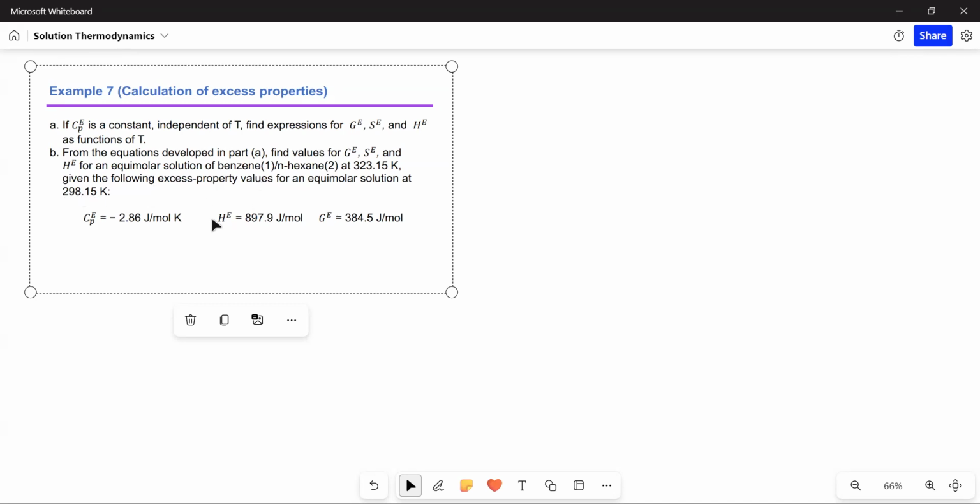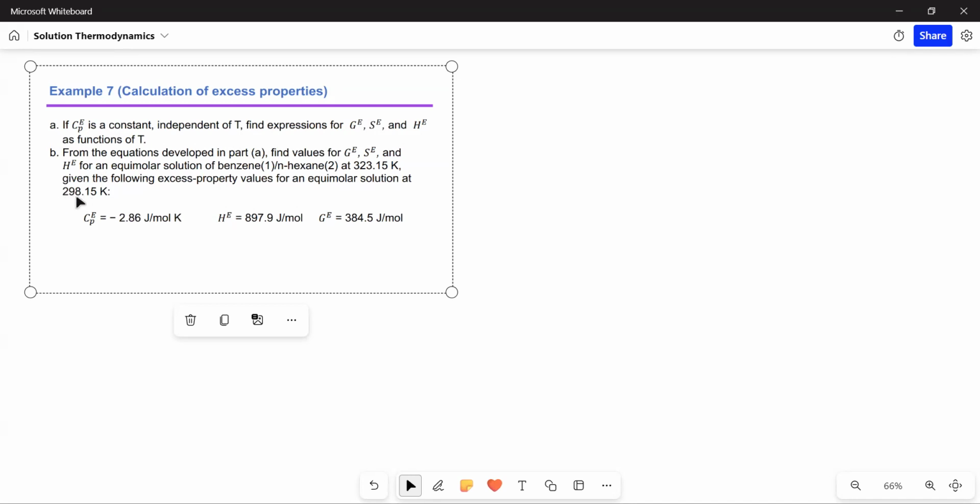All right. So the first step is to derive expressions for these properties and then use those expressions to solve for the actual values. And we're given the excess property of the same solution, meaning it's also equimolar, but at a different temperature.